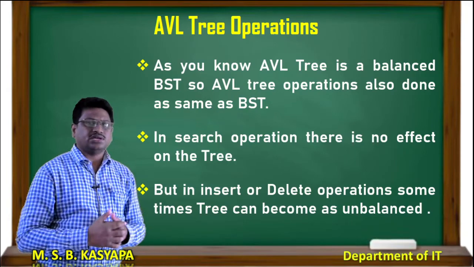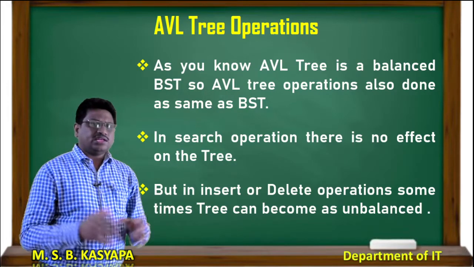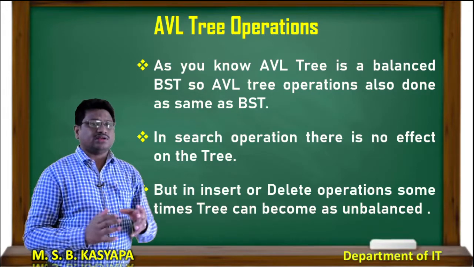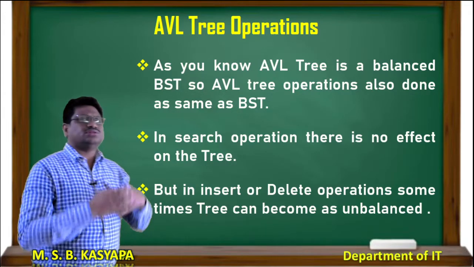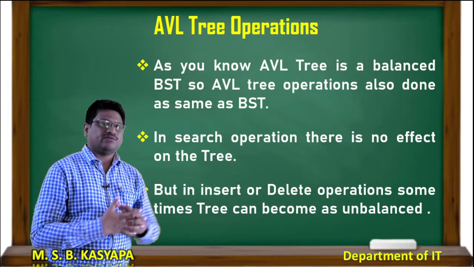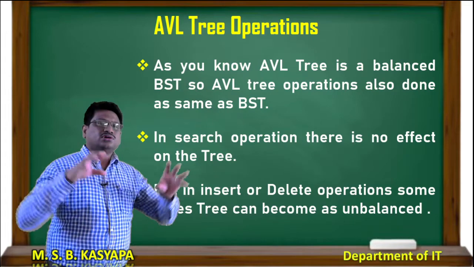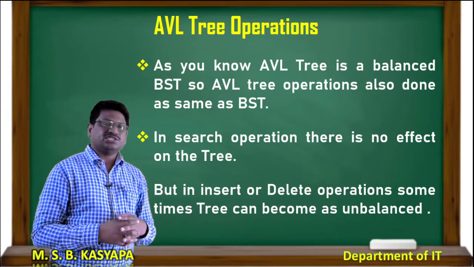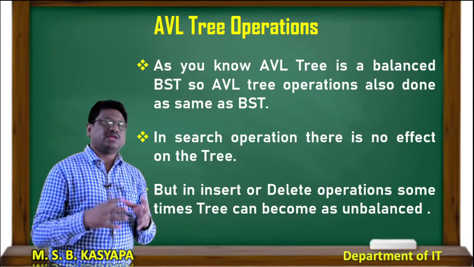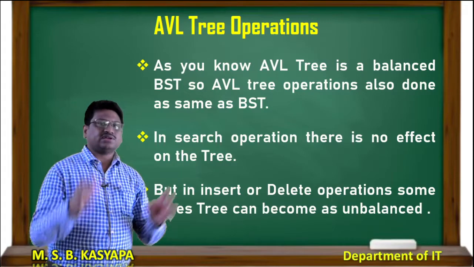But the problem is, if I am doing searching, I am not modifying the tree. Not modifying means there is no need for changes in the tree. Why do I need the changes? Because I need to calculate a balance factor for each and every node. If I am doing some modifications in the tree, again I have to check the balance factors for each and every node.